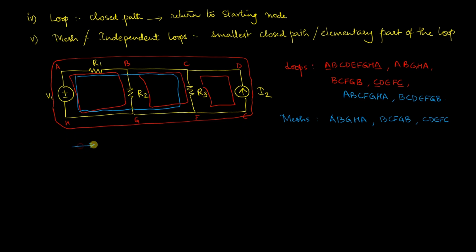One important aspect you should remember is that here in this particular circuit we have 3 meshes and we have 6 loops. The meshes are sometimes interchangeably called independent loops, and we should remember that the meshes are nothing but loops. So meshes can be loops, but not all loops are meshes.